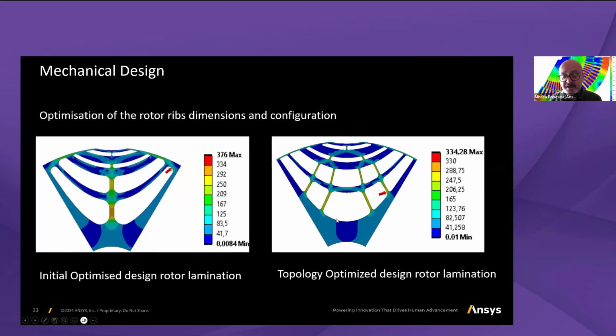And from the left to right, you see what has been achieved by topology optimization technique. Obviously still 4 flux barriers, but the ribs have been placed differently.